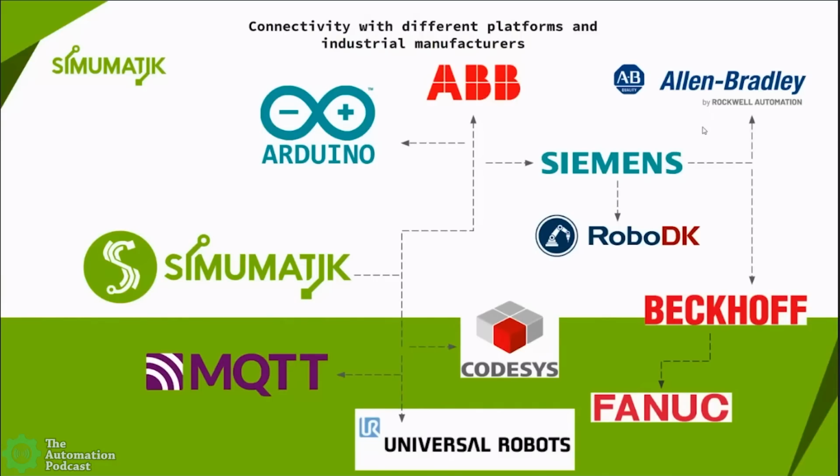And that is because our gateway, the piece of code that makes the connection between the model and third-party hardware and software, is open source. And I think it's good to mention it because we don't want to limit the connectivity of our platform. So if you want to connect it to something that we haven't done yet, you can actually do it by yourself. You can build a bridge between anything and Simumatic.